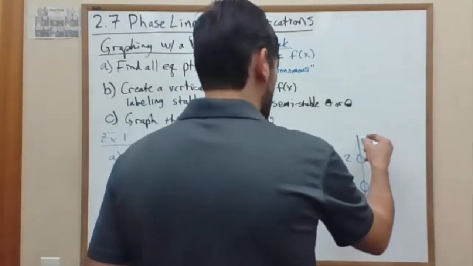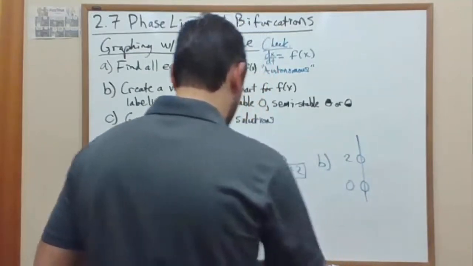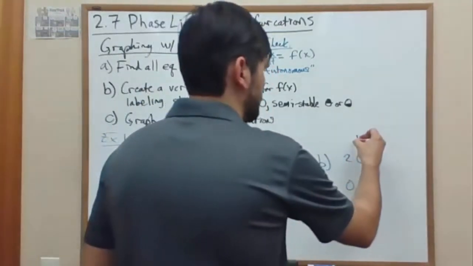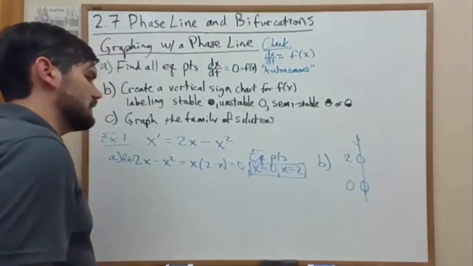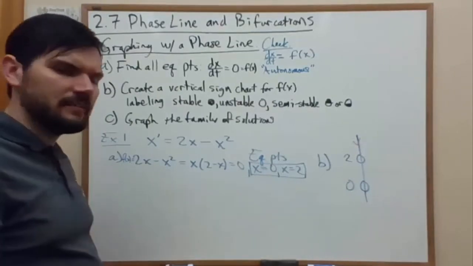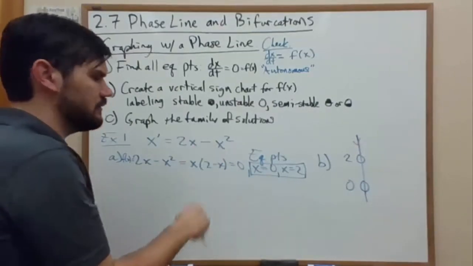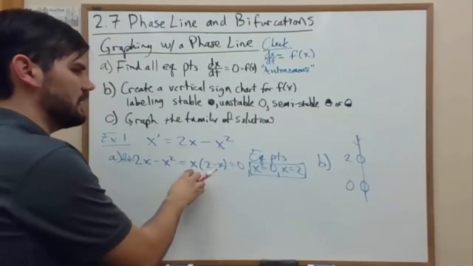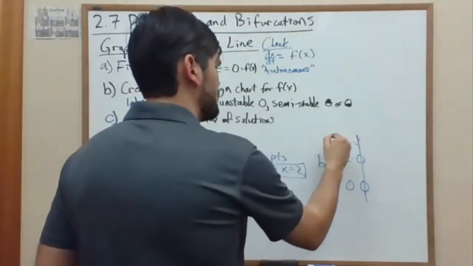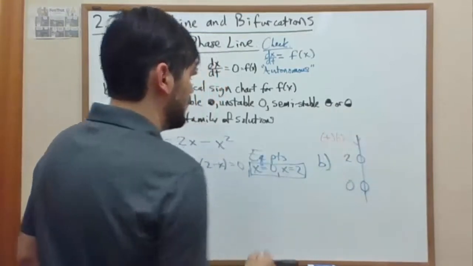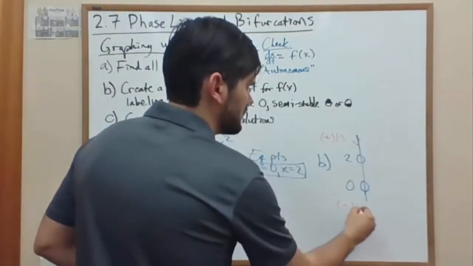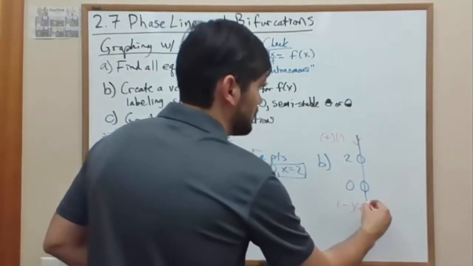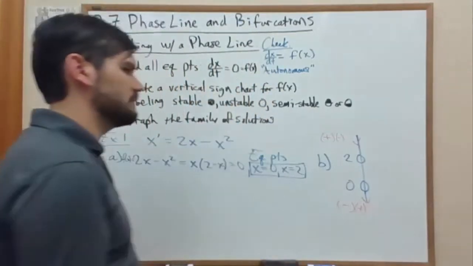So at the top, we know it's pointed down. Now in the bottom, x is negative infinity. We have a negative infinity times a positive infinity, and so we have a negative here. On the bottom, we have a minus times a plus, also going down.